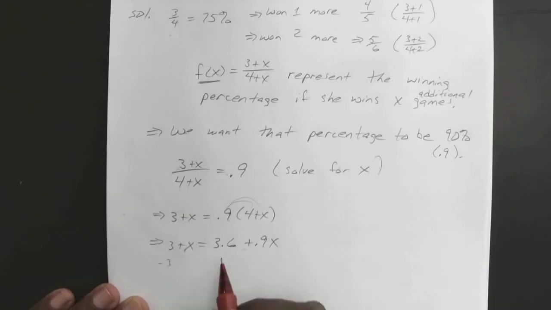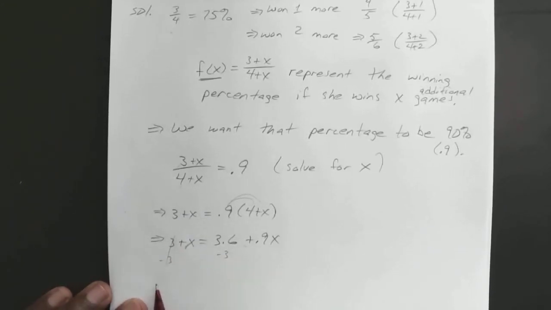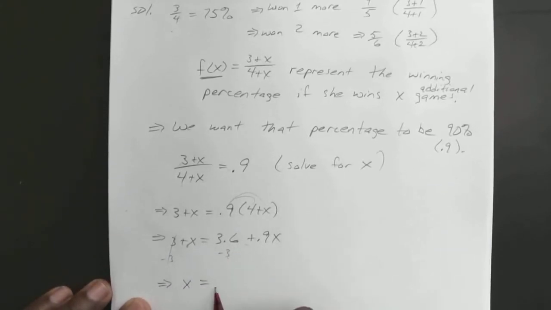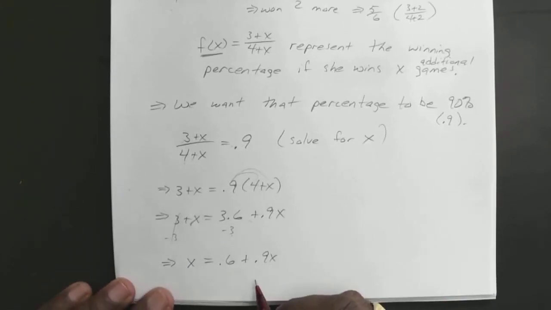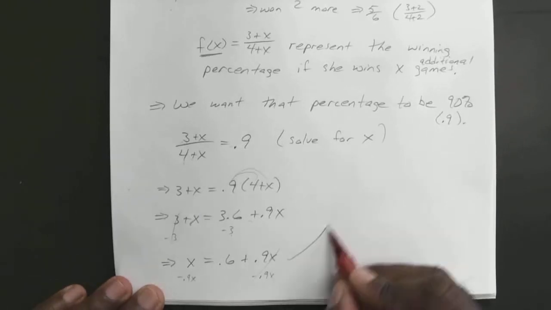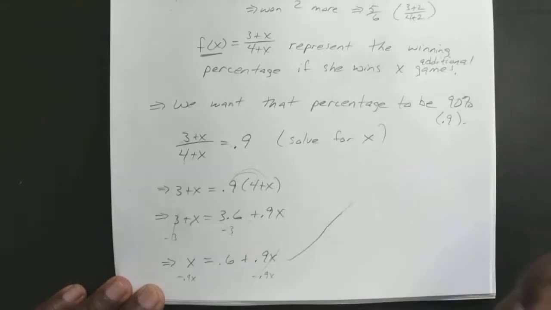So if we subtract 3 from both sides, that cancels out. We end up with x equals 3.6 minus 3 is just 0.6 plus 0.9x. Now if we subtract 0.9x from both sides, that cancels out. 1 minus 0.9 is 0.1.